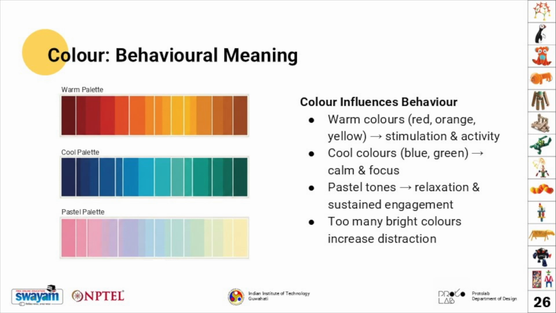The child must decide whether color indicates importance or decoration. However, problems occur when every element tries to attract attention at once. An environment filled entirely with bright colors does not improve engagement, it fragments it.